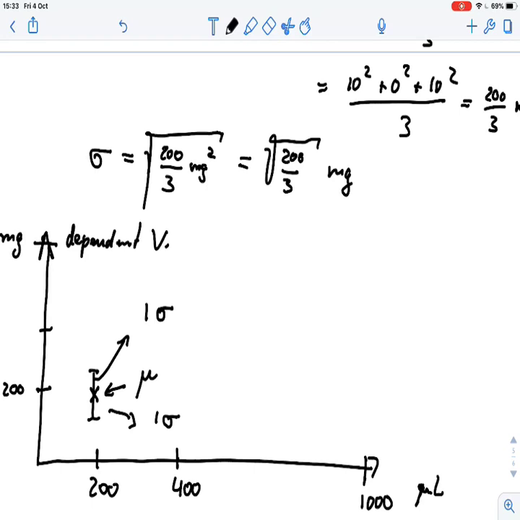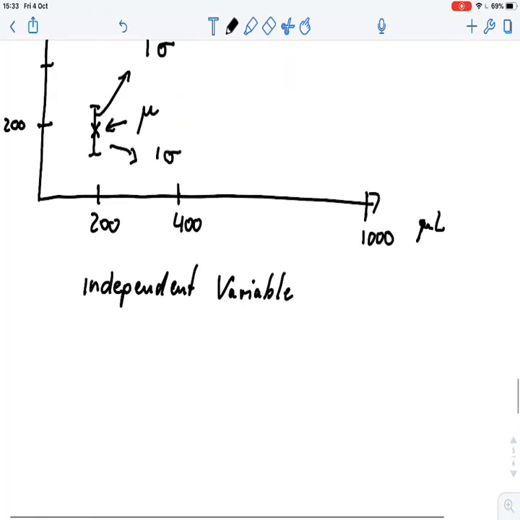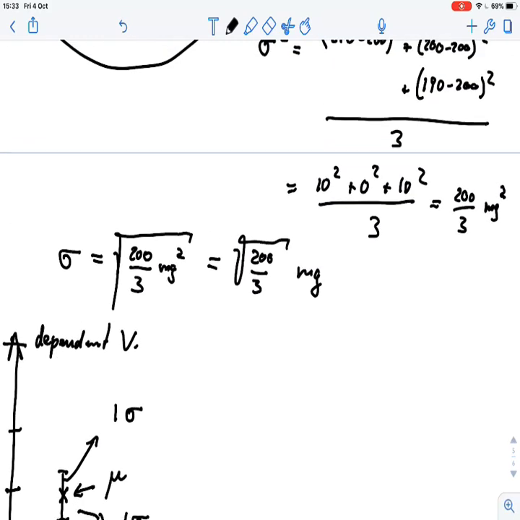Does that make sense? That is what I want you to do for 200, for 400, and for 1,000. Yeah? Now, remember, for the precision, we treated everything as the population.